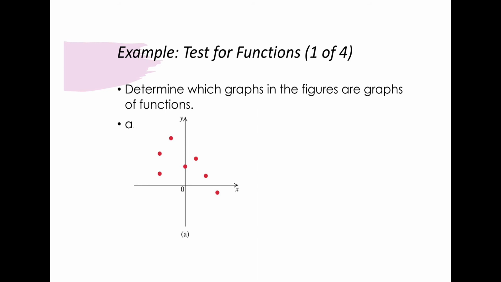Again, a function is just a set of inputs and outputs, so we've seen how ordered pairs can be a function as long as every input has exactly one output. Here, my input for x at this point has 2 different outputs, this y and this y, whatever those values would be.